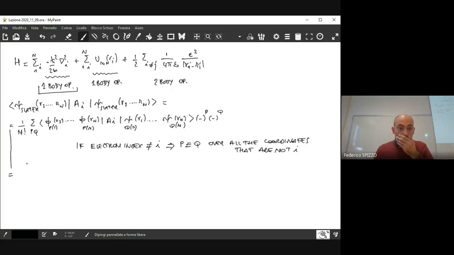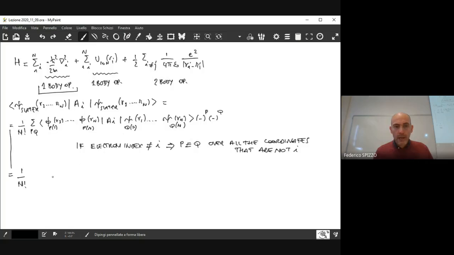So we have 1 over factorial n, then we have a summation. Just one step back: if we have the same term, so the evaluation is always the same for all the coordinates that are not I, P has to be equal to Q.